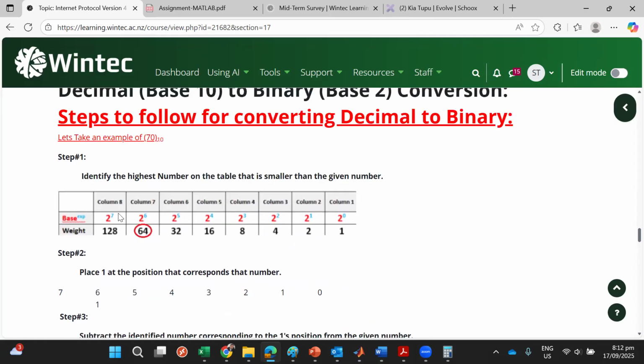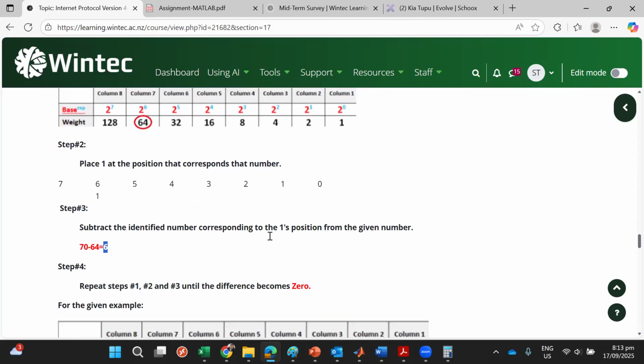In step 1, you have to find again, remember my number now is 6, the highest number in this table that is smaller than 6. The highest number smaller than 6 is 4, which is 2 to the power 2, so the third position, third bit.